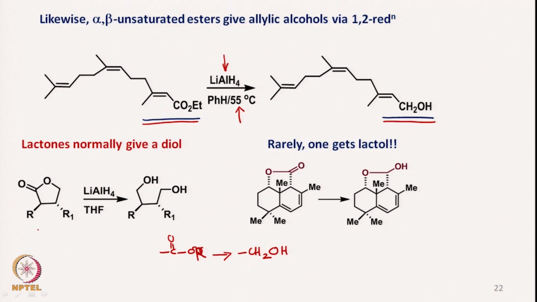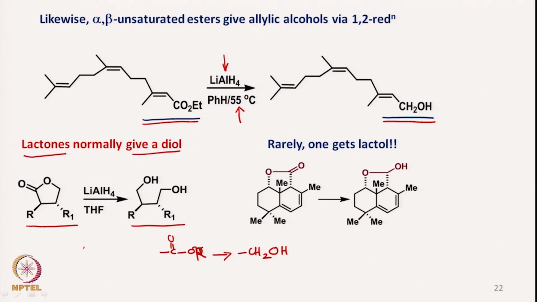Now we take cyclic esters, which are nothing but lactones, and they give the corresponding diol. So we have a lactone like this which gives the corresponding diol via the corresponding lactol.